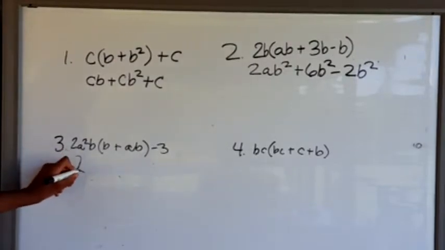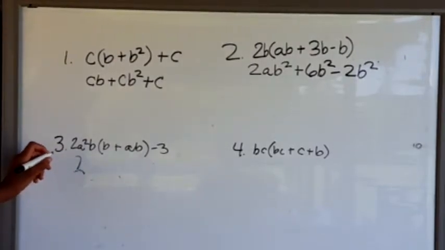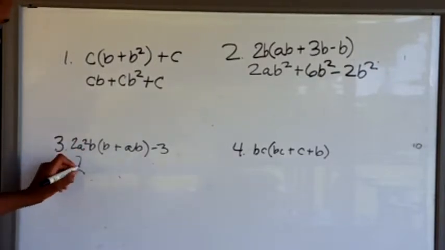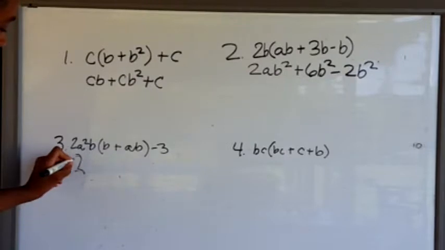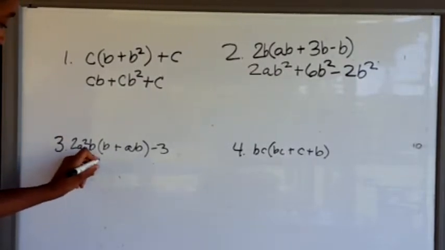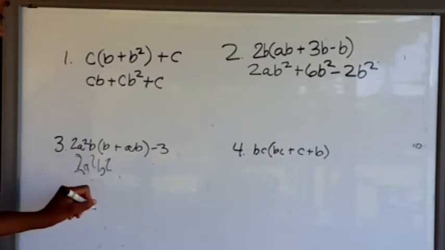So using the distributive property, I'll do 2a squared b times b, which would be 2a squared b squared.